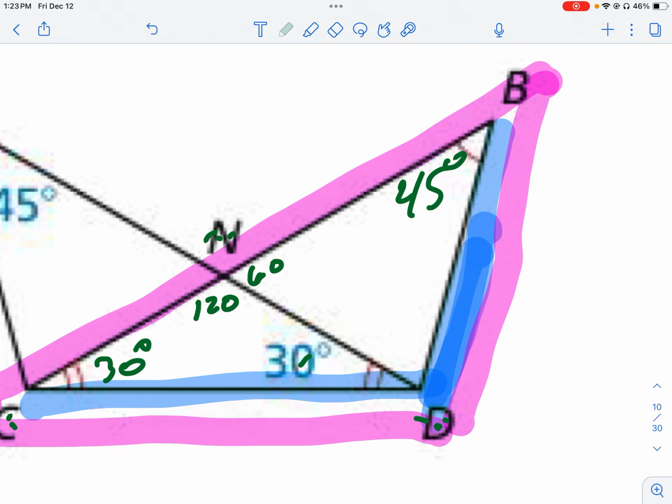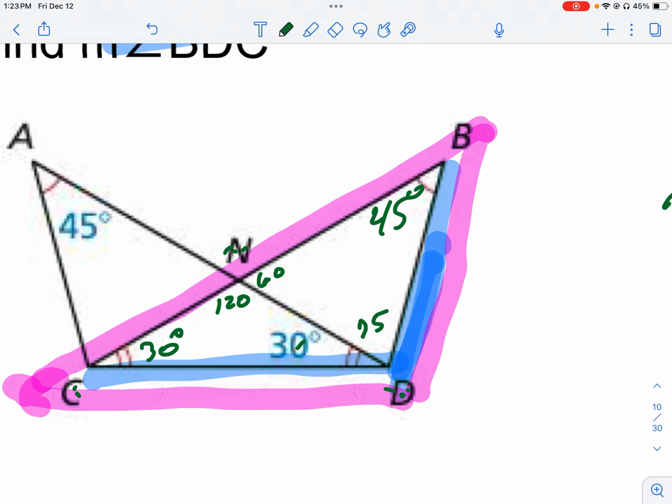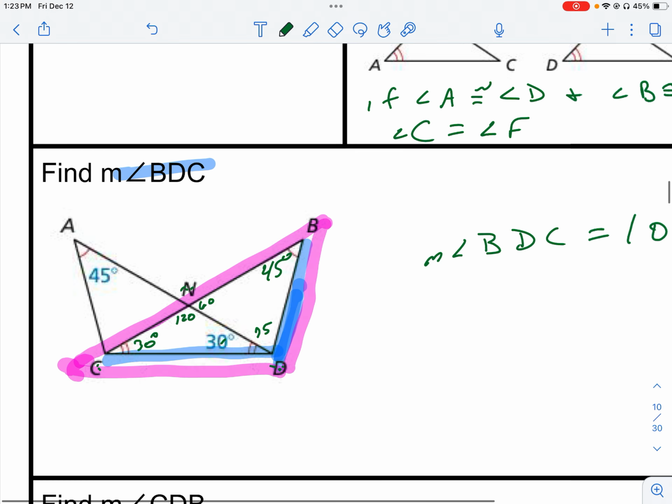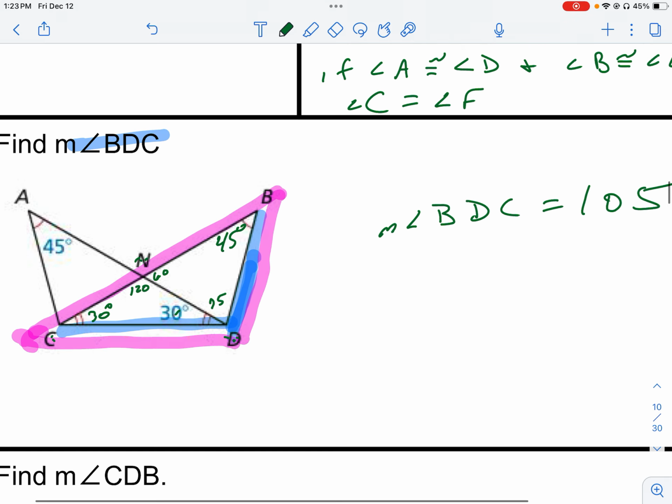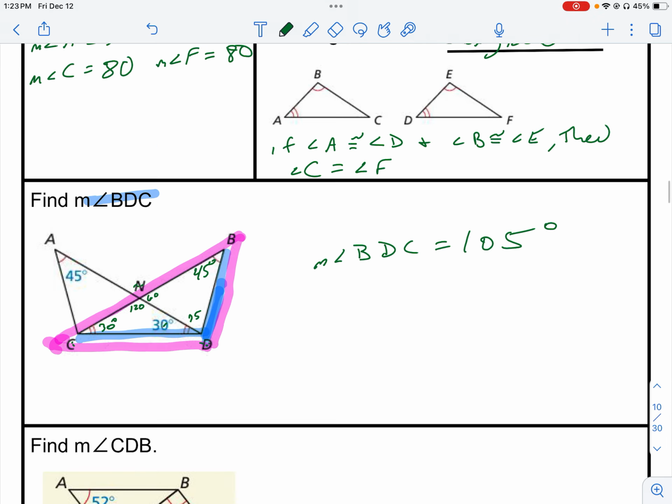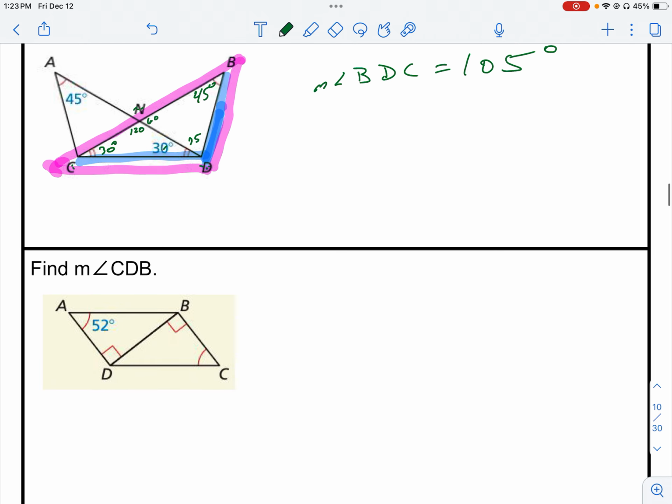So this has to be 75. 75 plus 30 is 105. No matter how we slice it, our blue angle there, BDC, the measure is going to be 105 degrees. As long as we follow the rules, we're good to go.